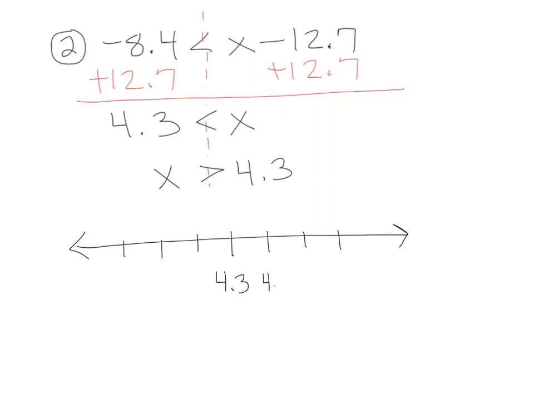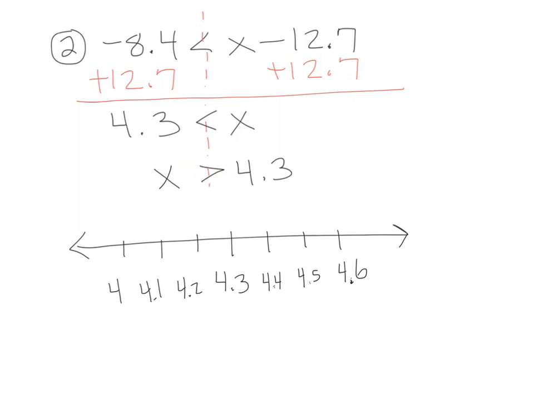So 4.3, 4.4, 4.5, 4.6, and then they get smaller as you go down. So 4.3, 4.2, 4.1, and then 4.